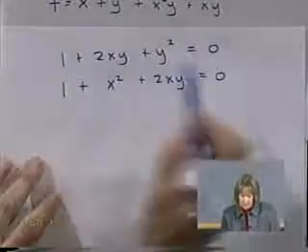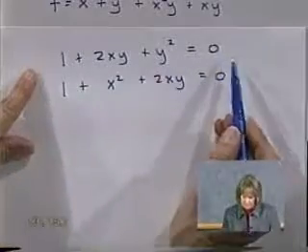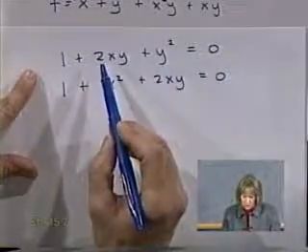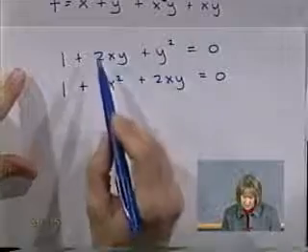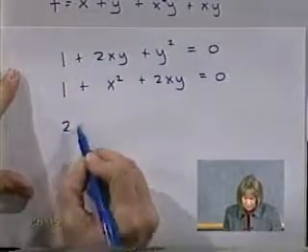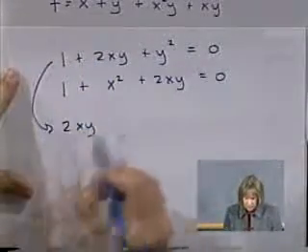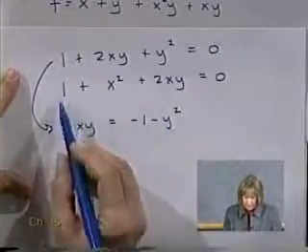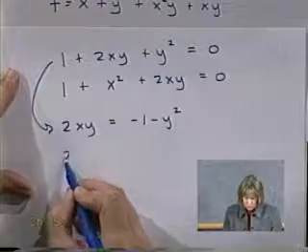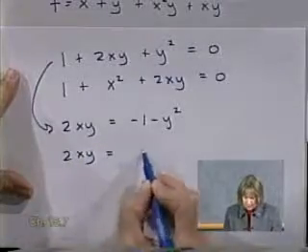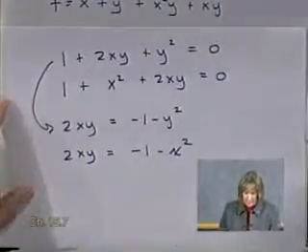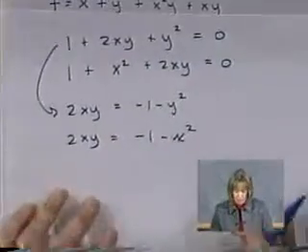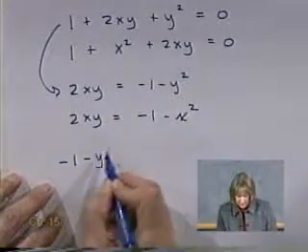But notice this top equation, if you solve for the 2xy, I get 2xy is equal to minus 1 minus y squared. And the bottom equation, if I solve for 2xy, I get 2xy equals minus 1 minus x squared. So since both of these equal 2xy, we can set them equal to each other.